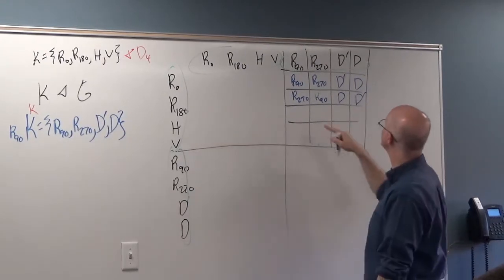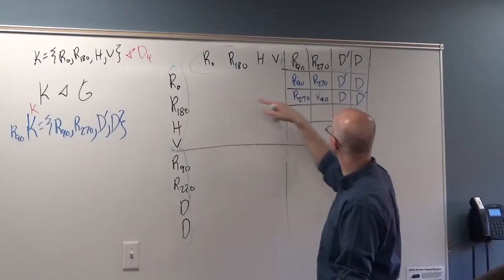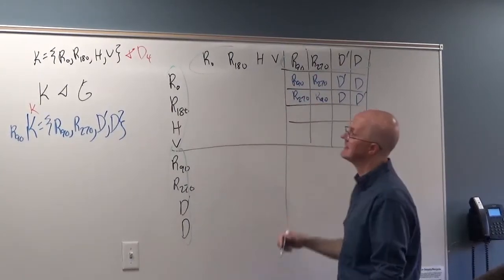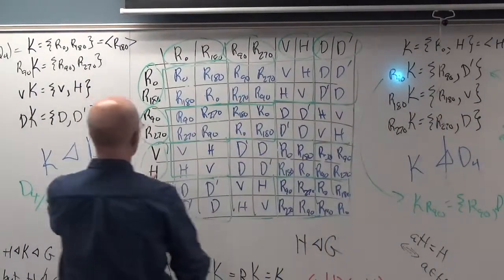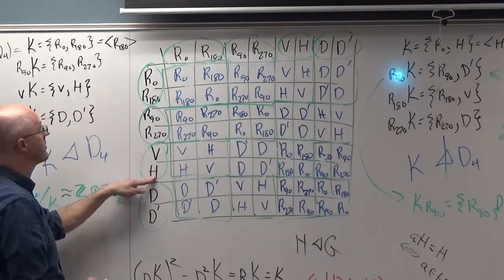What about H composed with these things? Looking over here when I do the composition, H composed with R90 and R270 gives D and D prime in that order.